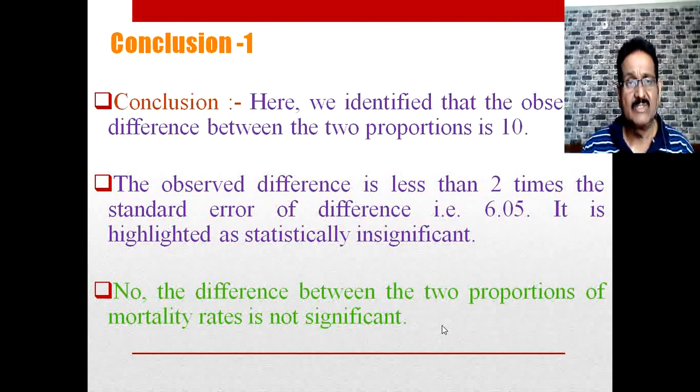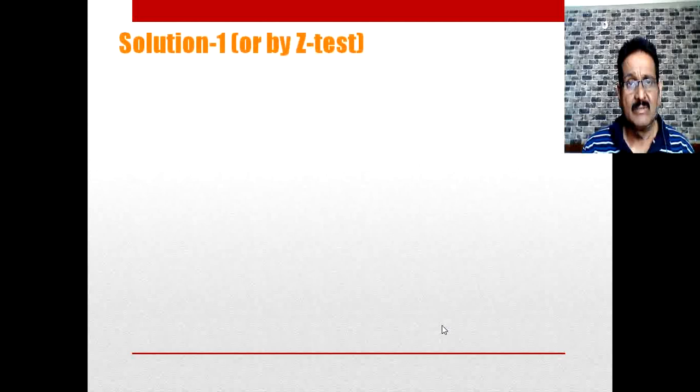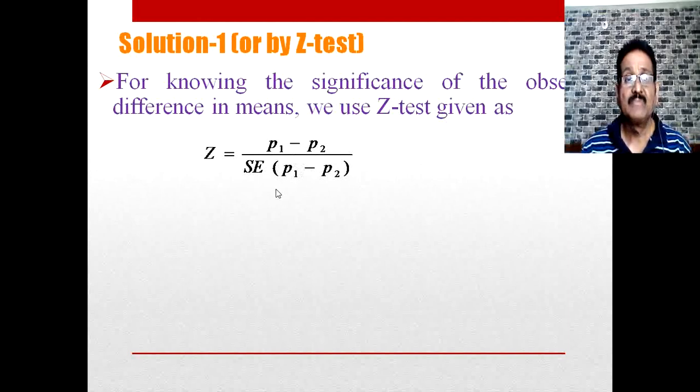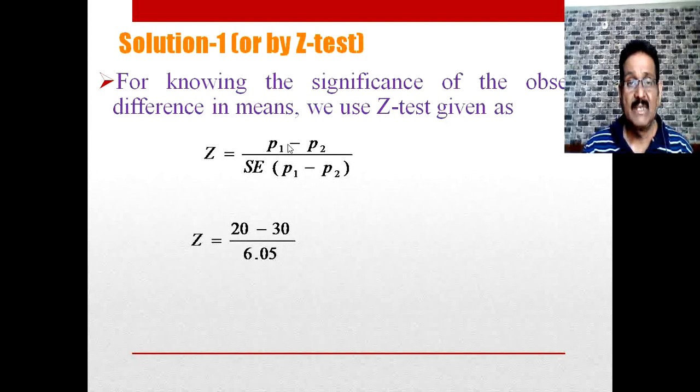Now we can also conclude the same statement using the z-test. To know the significance of the observed difference, we use the z-test given as z equals p1 minus p2 divided by the standard error of p1 minus p2. P1 is 20%, P2 is 30%, and the standard error we calculated is 6.05. So we get minus 10 upon 6.05, that is minus 1.64.